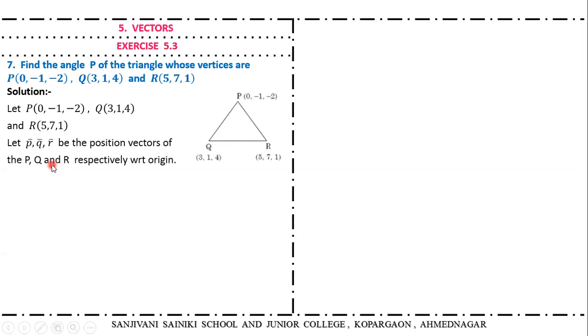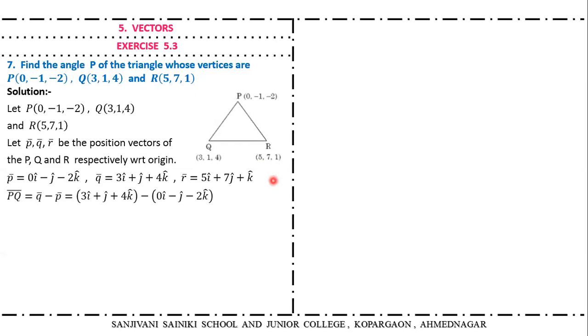Let P bar, Q bar, R bar be the position vectors of the points P, Q, R respectively with respect to origin. So P bar is equal to 0i minus j minus 2k, Q bar is equal to 3i plus j plus 4k, R bar is equal to 5i plus 7j plus k.